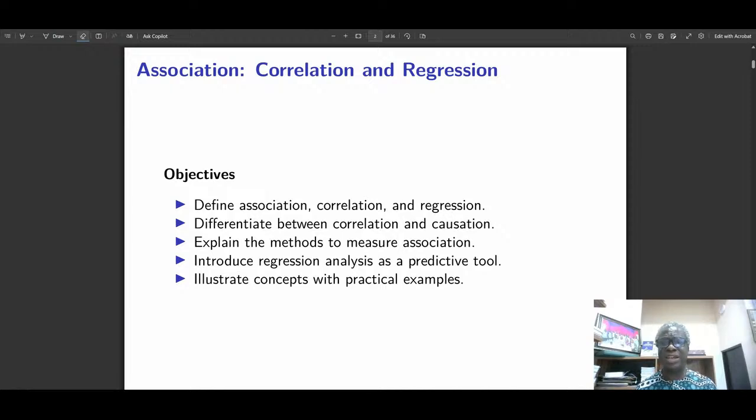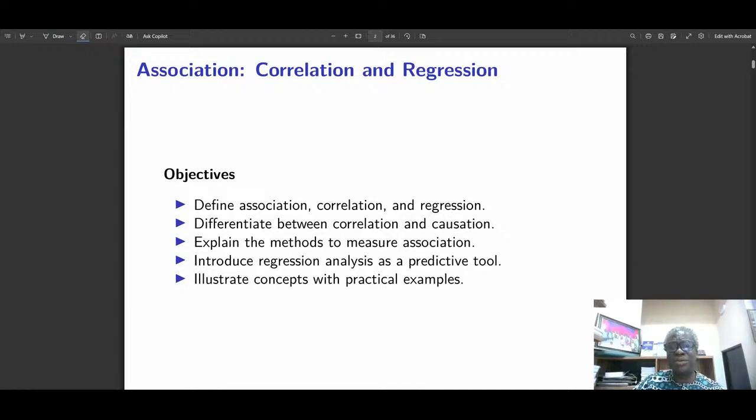Like I said earlier, when you measure the strength, that will allow you to determine whether the relationship or the association is weak, is strong, is perfect, or whether there is no association at all. And we hope to establish the foundation for regression analysis as a predictive tool.